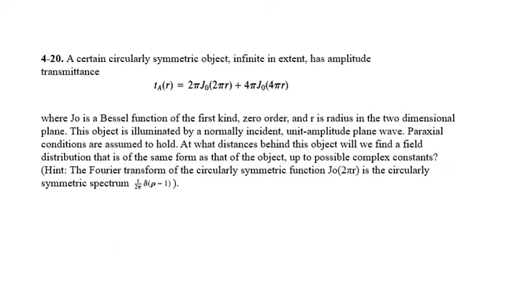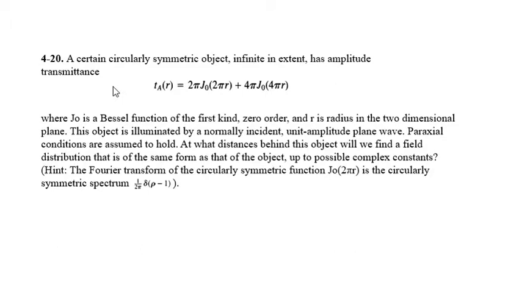Problem number 20. A certain circularly symmetric object, infinite in extent, has an amplitude transmittance given by this relation. In this relation, J0 is a Bessel function of the first kind, zero order, and R is the radius in the two-dimensional plane.